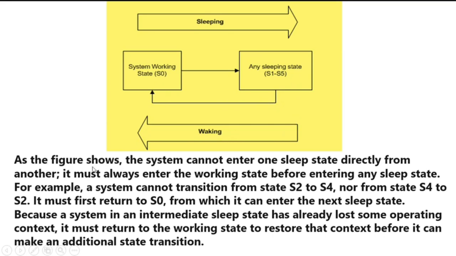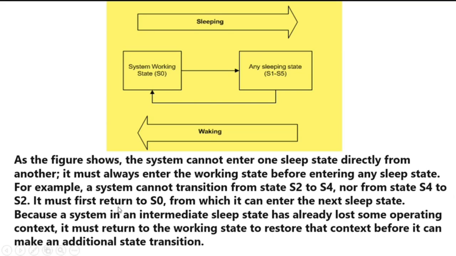As the figure shows, the system cannot enter one sleep state directly from another. It must always enter the working state before entering any sleep state. For example, a system cannot transition from state S2 to S4, nor from state S4 to S2.